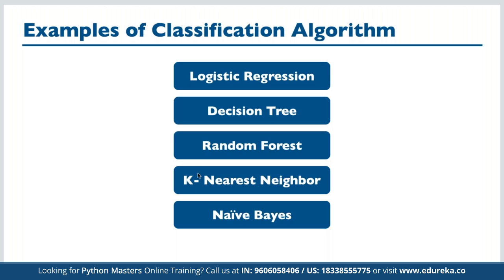So we have three sets of algorithms generally. First set is your statistical algorithms, right, which are based on statistical and mathematical equations and concepts. Then we have a different set of algorithms which are bio-inspired or biologically inspired algorithms. So you must have heard about artificial neural networks where we try to mimic the behavior of the human brain, right?